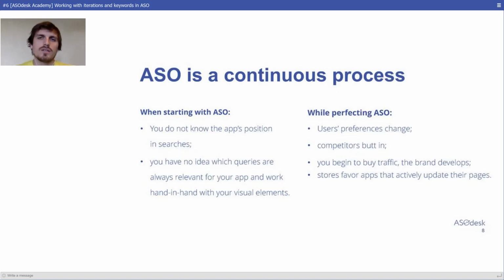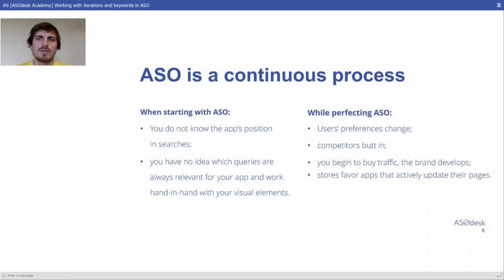In the autumn, this is not the best time for such an app, so perhaps we need to adapt our semantic core for the autumn. Or if we're talking about a travel app, we'll need to update our cohort before New Year's Eve and the Christmas vacation, because people use slightly different keywords and semantic cohorts. So users' preferences always change across the categories.